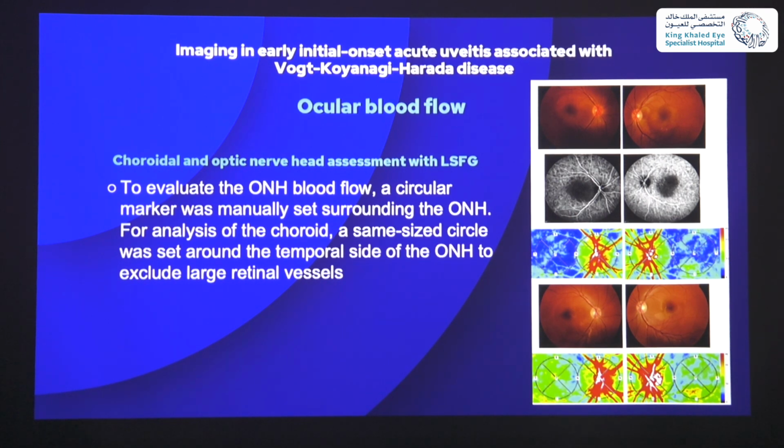And then the same size circle is positioned at the temporal edge of the optic nerve here to quantitate the blood flow in the choroid. So this is called rubber band 1, rubber band 2. So we have two readings that originate from the machine, one from the optic nerve representing the large vessels, one from here representing the choroidal vessels.